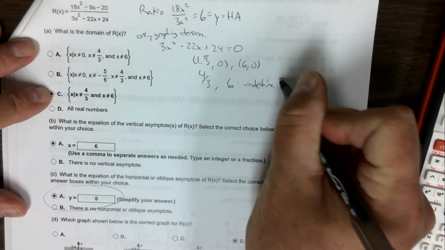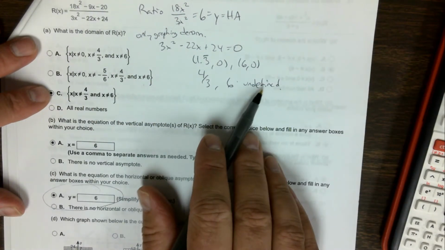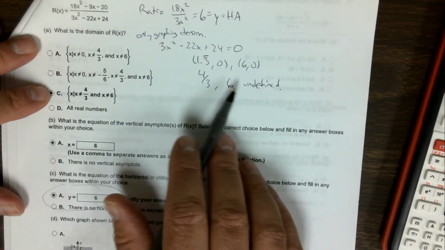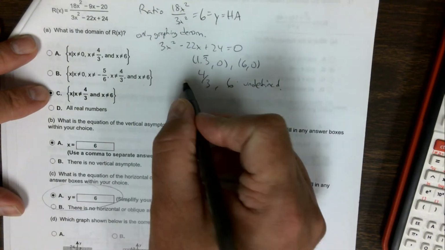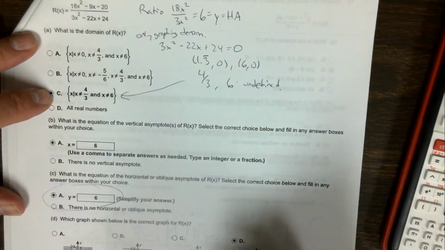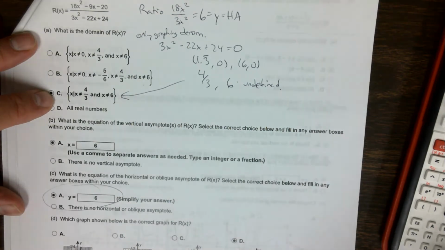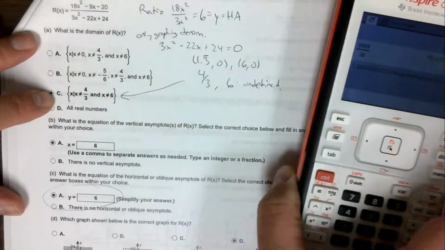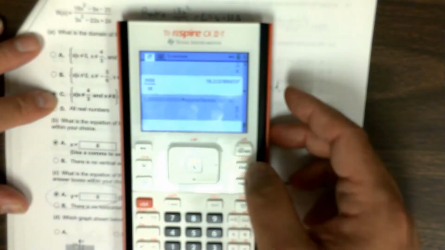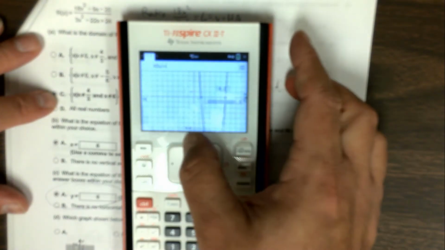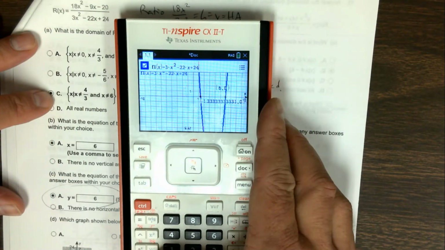Now, at the moment, I don't know if both of those are vertical asymptotes or just one of them. But based on it being undefined, that's what we want. Okay, so now I'm going to go back to my document and put parentheses around it, and that's now going to be my denominator.